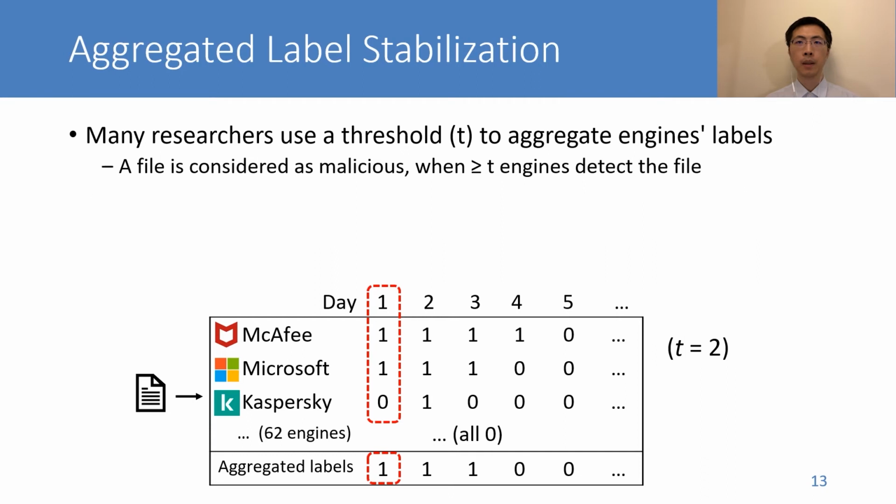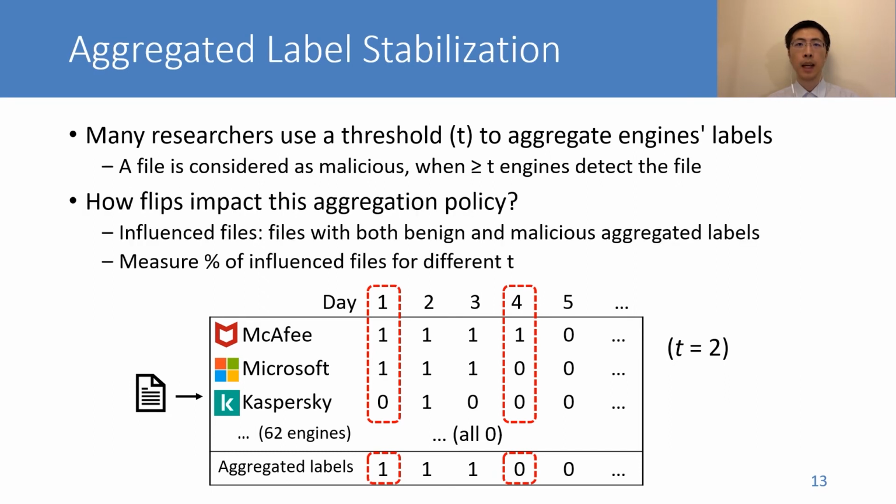Since VirusTotal engines may change their labeling decisions, the aggregated label may also change over time. On day 4, only one engine detects the file. The aggregated label becomes benign. We consider a file with both benign and malicious aggregated labels as a file whose aggregated label is influenced by flips.